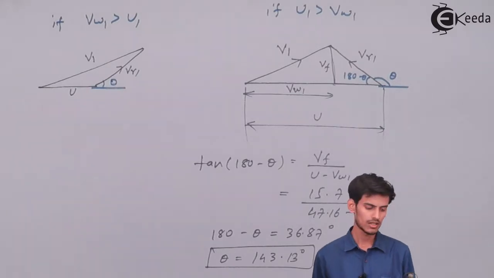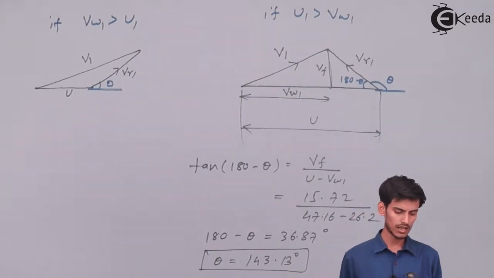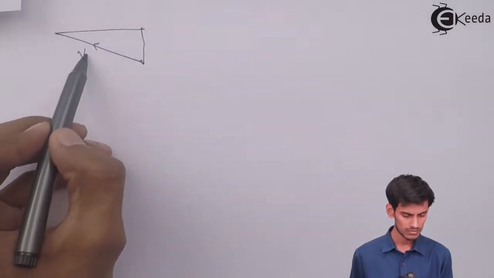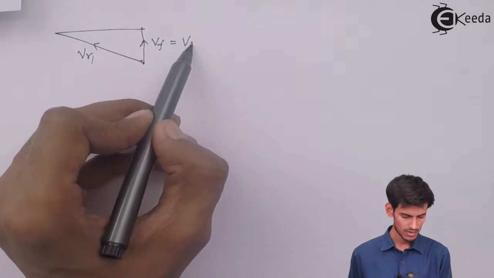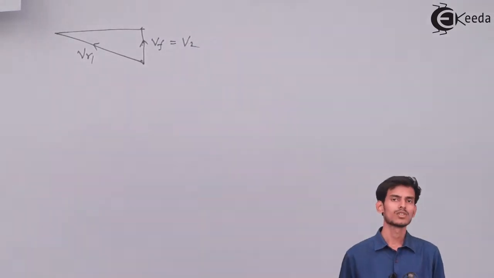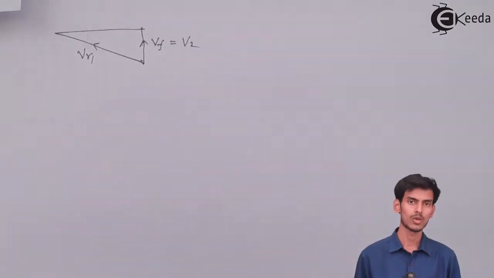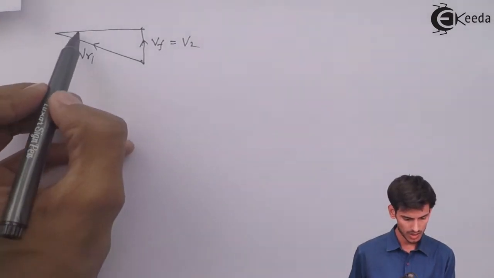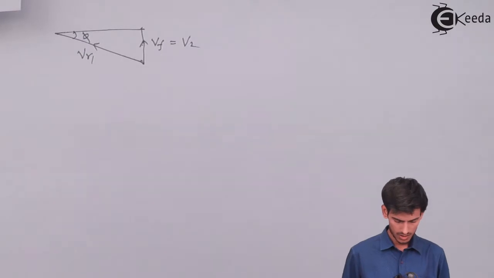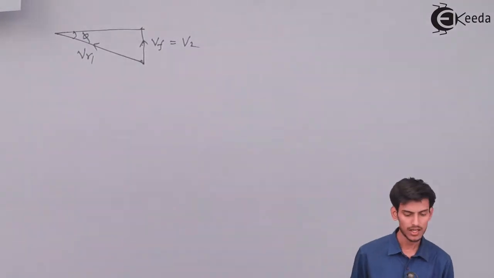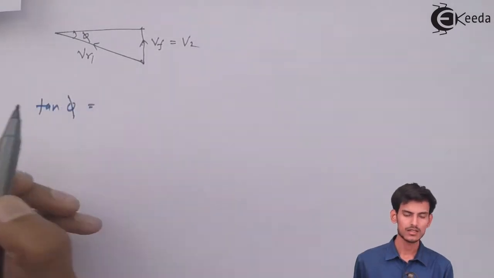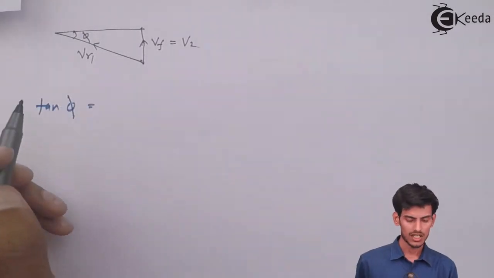Now for outlet, you have to draw the outlet triangle. For the outlet triangle, the absolute velocity is equal to the flow velocity. Now you've calculated theta, now this is phi. Use tan phi here. Tan phi is nothing but the opposite side upon the adjacent side.